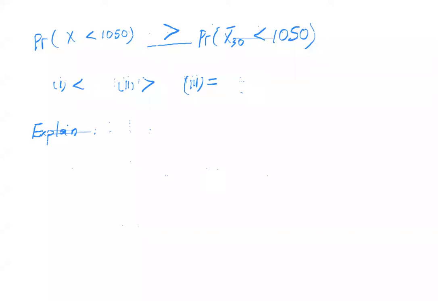How are you going to explain? Because the standard deviation is bigger, so the peak is not that high. So you can say, because it's less than, the chances of getting less than 1050 will be greater for the distribution with the lower standard deviation.